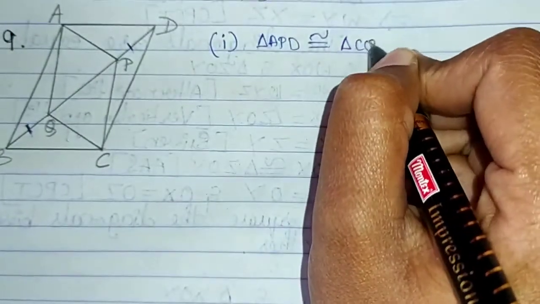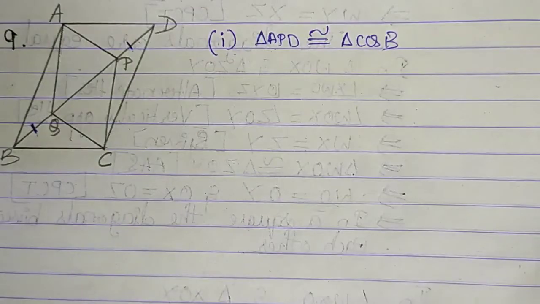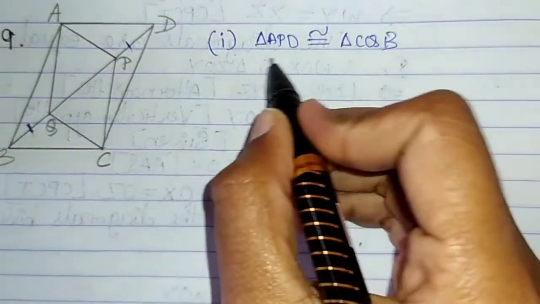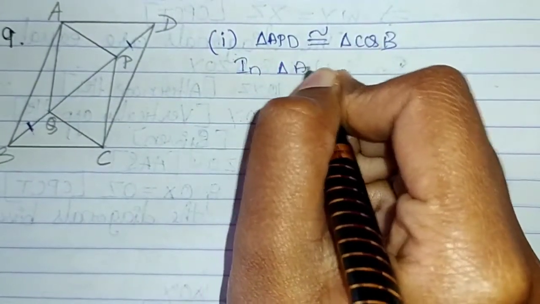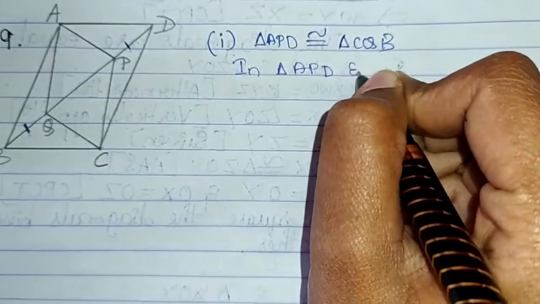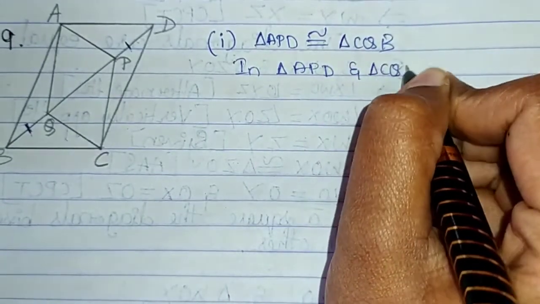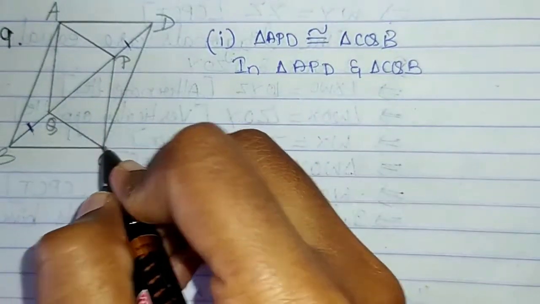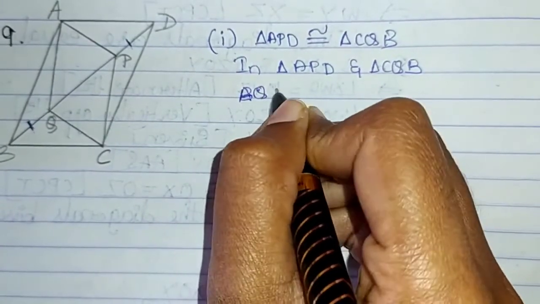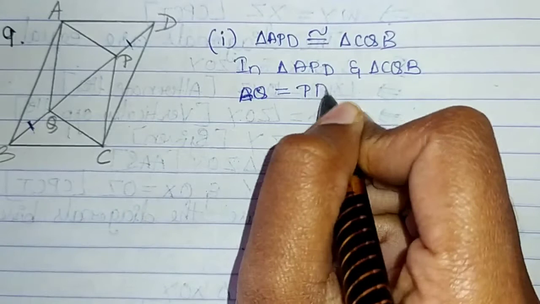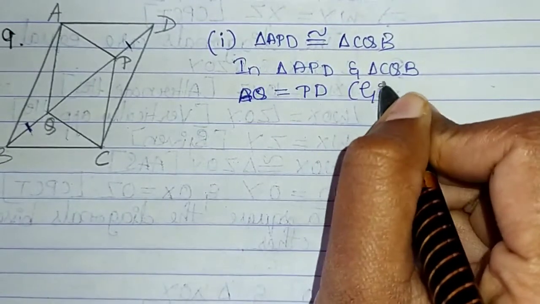First, we prove triangle APD is congruent to triangle CQB. To do that, in triangle APD and triangle CQB, BQ is equal to PD. This is given.